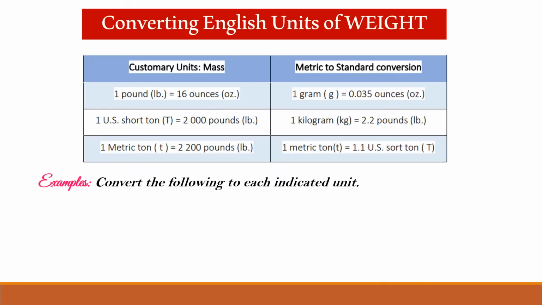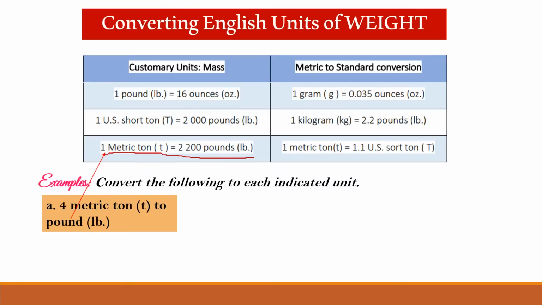And here are some examples. We are going to convert the following to each indicated unit. For example A, we have to convert 4 metric ton to pound. For the solution, we have to use the conversion 1 metric ton is equal to 2,200 pounds.